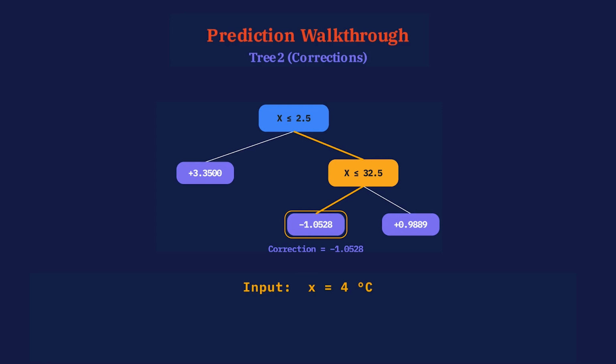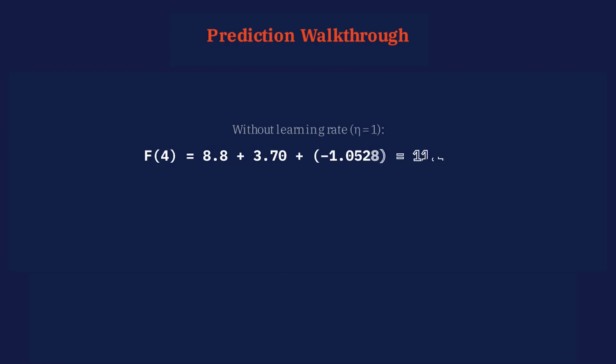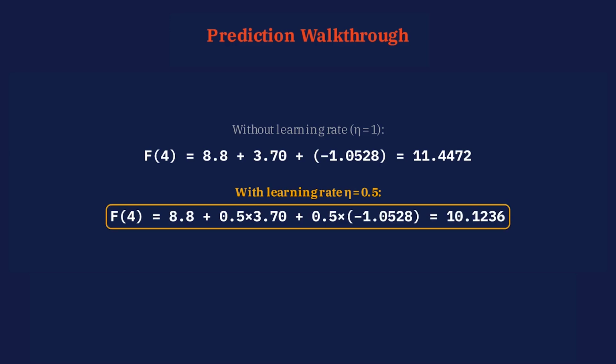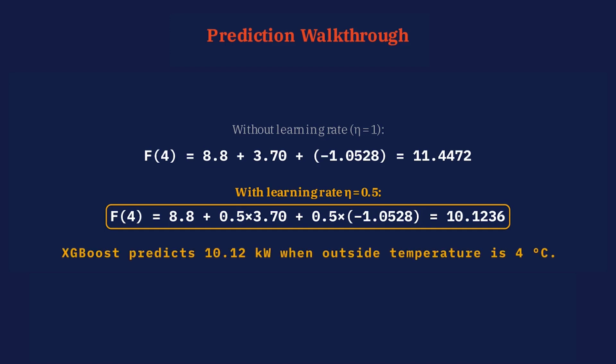So the full 2-tree prediction is 11.4472. And if you add learning rate to it, where let's assume that it's equal to 0.5, the final prediction is 10.1236. So if we include the learning rate, eta, at 0.5, XGBoost predicts an energy demand of 10.123 when the outside temperature is 4 degrees.